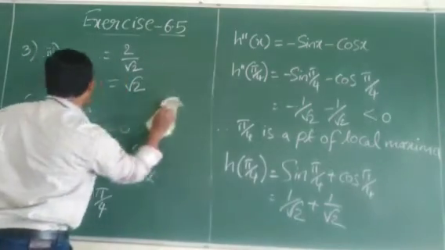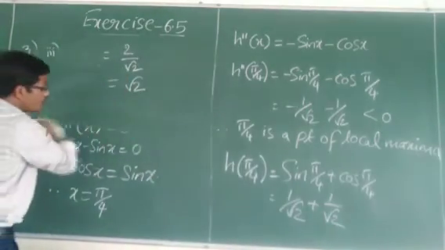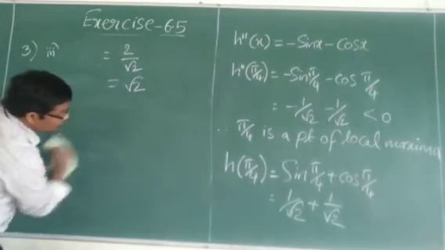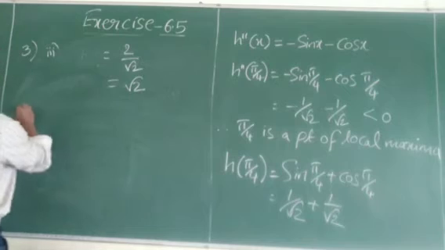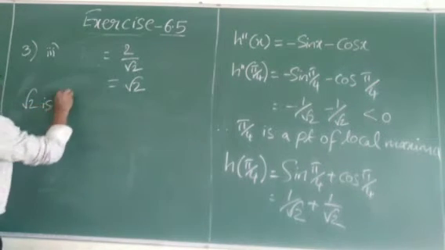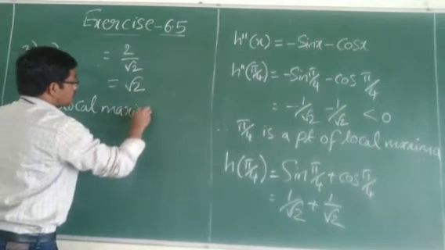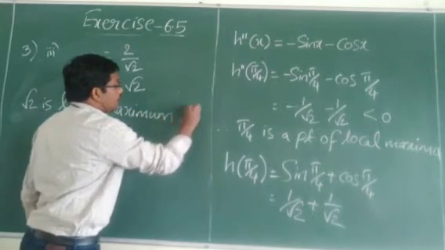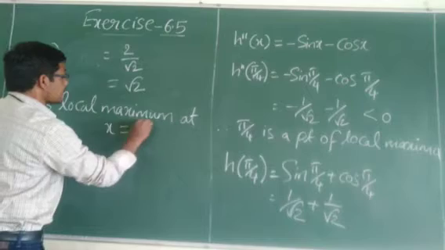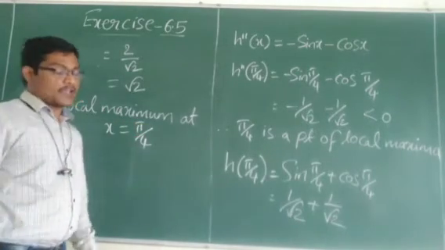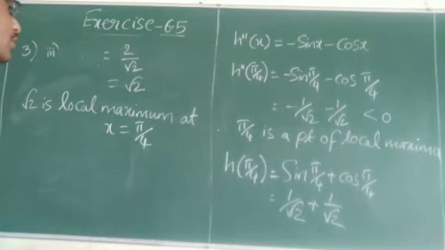So what can we write as the conclusion? Root 2 is the local maximum at x equal to pi by 4.